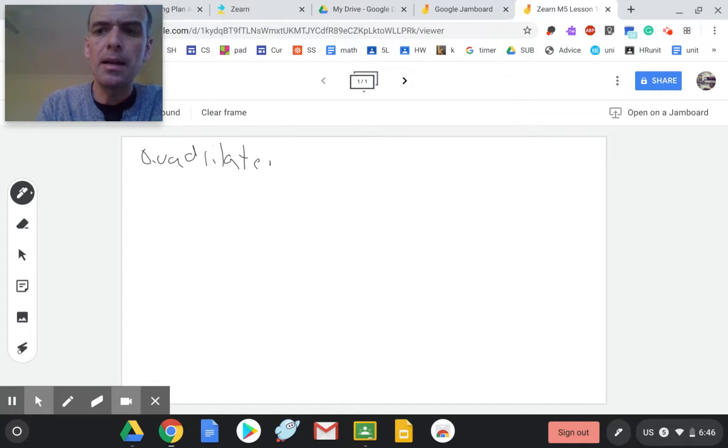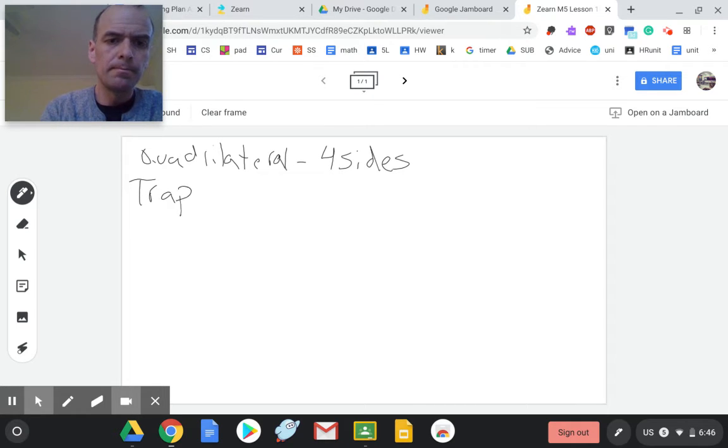This is why maybe Google Slides is better, whichever. Quadrilateral is four sides. But then it also said trapezoid is four sides, so it's a quadrilateral.